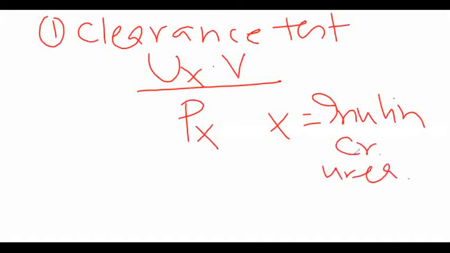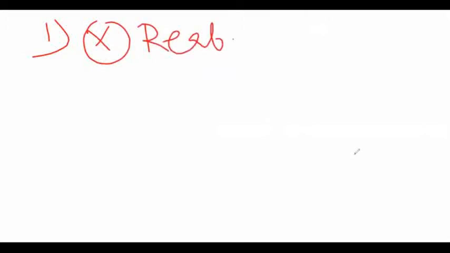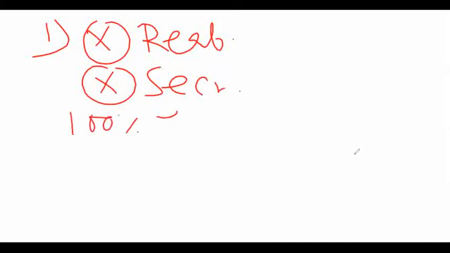Which one is the better agent to assess the glomerular filtration? Of course, it is inulin. Why? Because inulin is neither reabsorbed nor secreted, and it is 100% excreted in the urine, not present in a fraction of the amount.